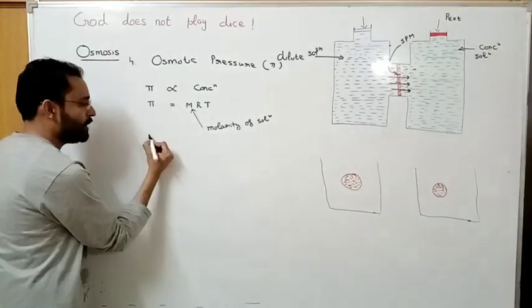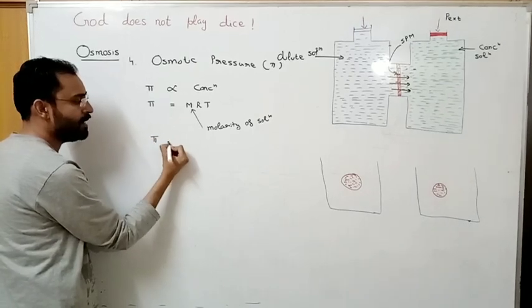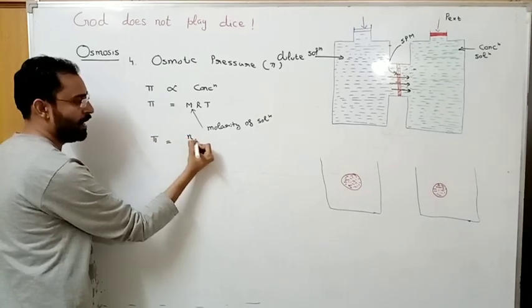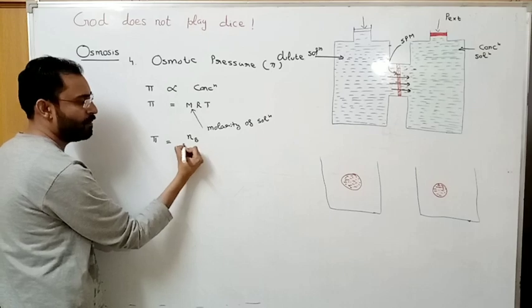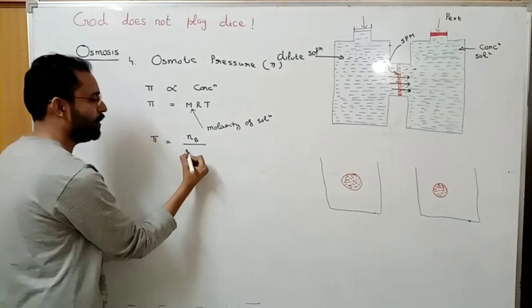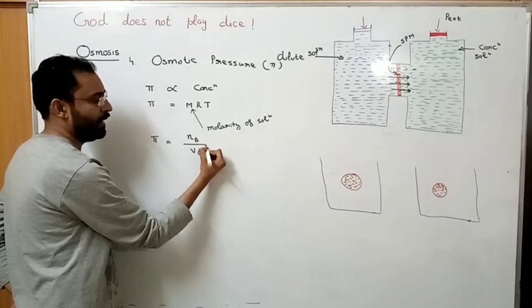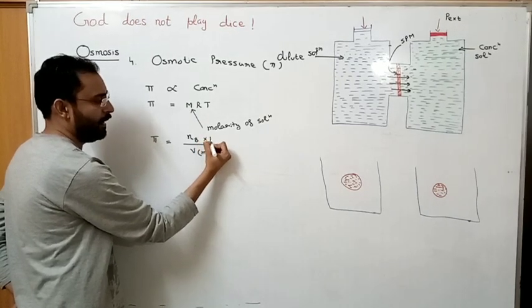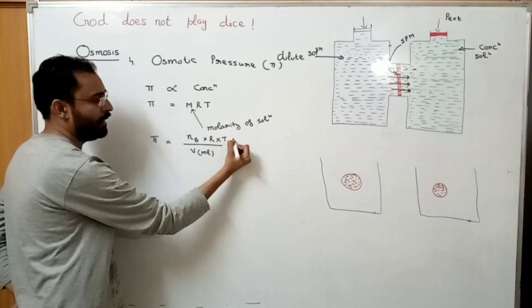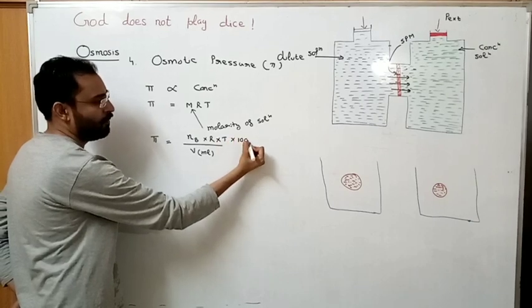Solving it further, pi is equal to molarity, that is the number of moles of solute divided by volume of solution in milliliter, into R into T into 1000.